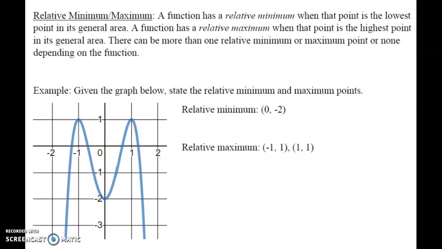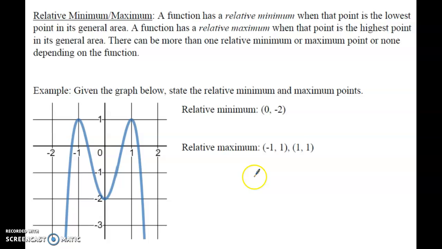Then, last thing we're going to talk about are relative minimum and relative maximum points. I actually mentioned them just a minute ago, talking about increasing and decreasing intervals. A function has a relative minimum when that point is the lowest point in its general area, and a function has a relative maximum when that point is the highest point in its general area.